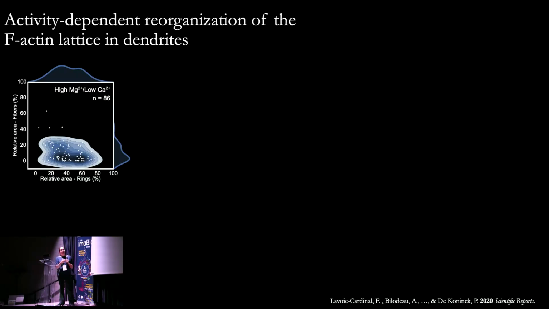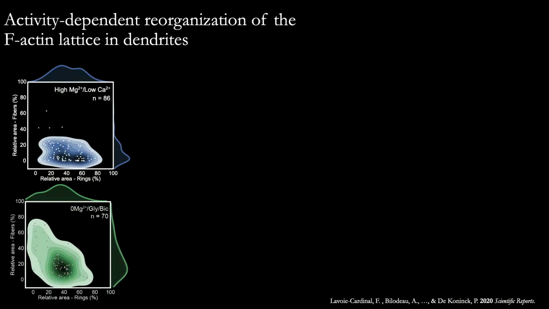So here on the x-axis, we see the percentage of the area that is covered by what was segmented as F-actin ring, and here the fibers. At low activity, so if we block NMDA receptors, we have almost only F-actin fibers.